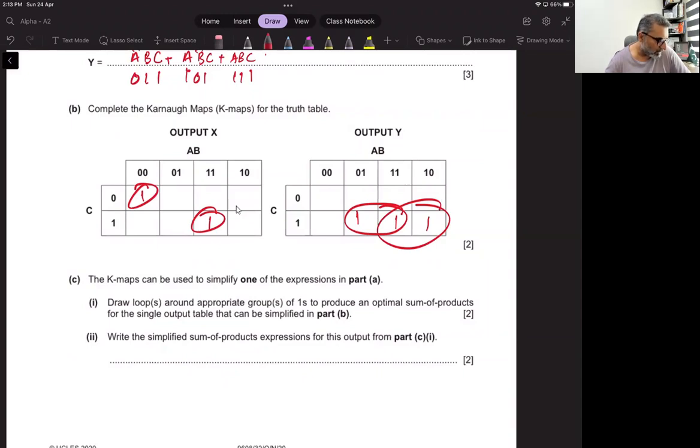So this one will be: in this loop, A is changing, so just B and C. And in this particular loop, A is retained, B is changing, and C. So AC plus BC, or BC plus AC, it's the same.